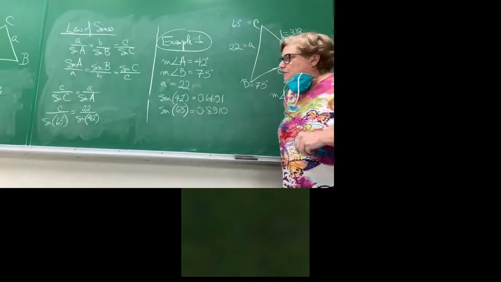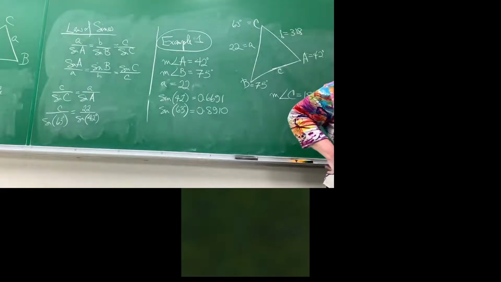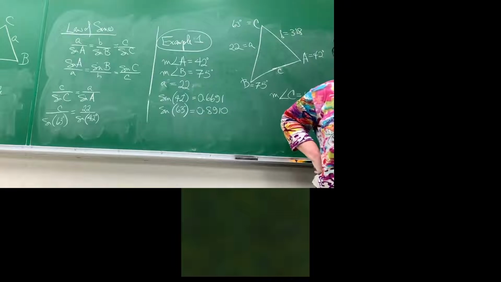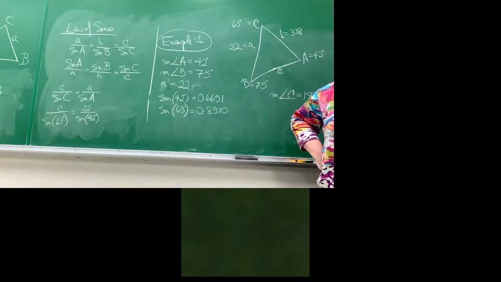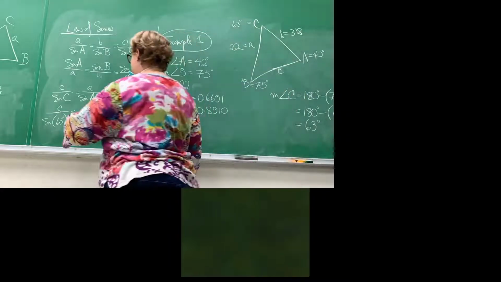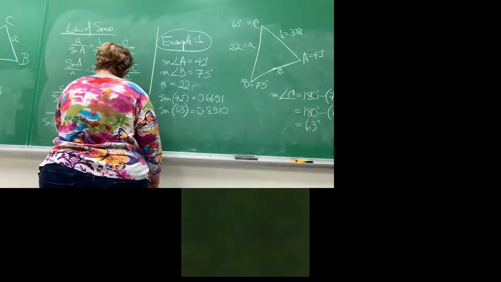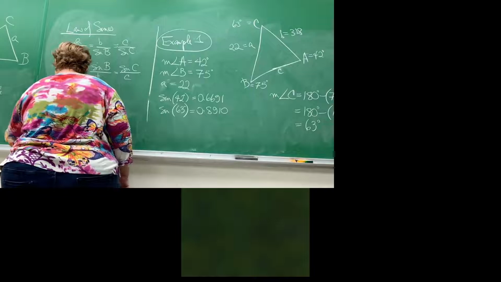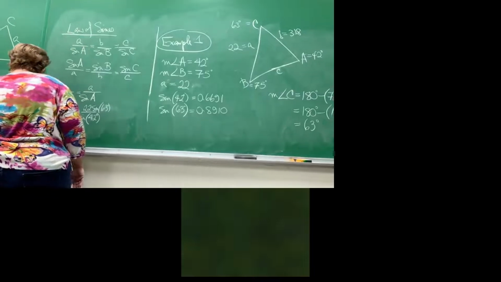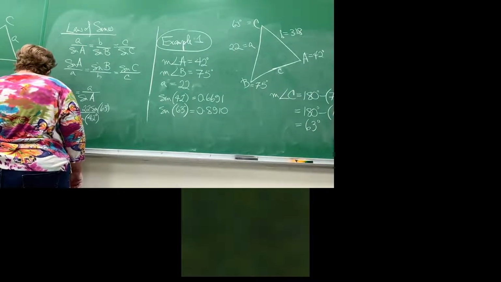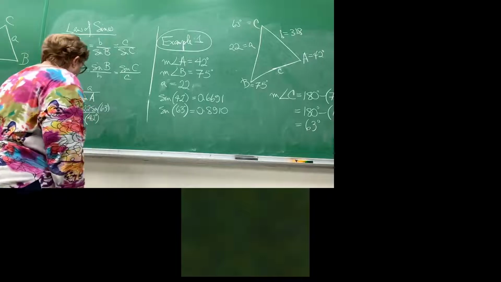What can I do with that equation before I start putting numbers in? Oh, multiply over sine 63. Good. So I've multiplied both sides by sine 63, and that divided out.